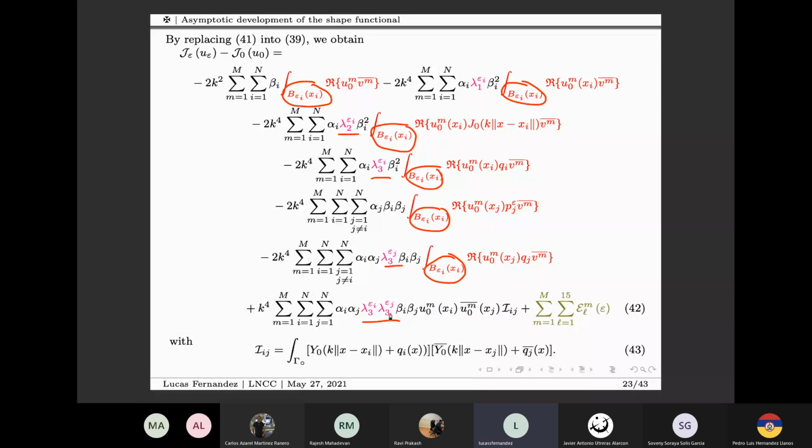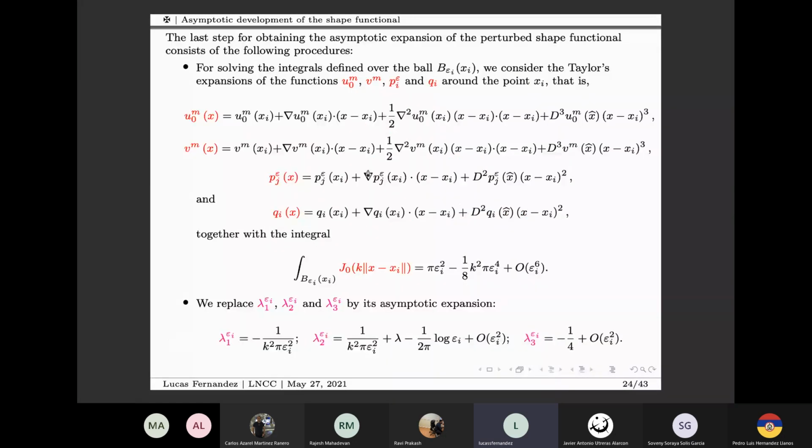So I have different functions in these integrands, okay, u0, v, qi, pj, epsilon. And since the domain of integration is the b epsilon i ball for all integrals here, we will consider the Taylor expansion of these functions that I mentioned before.